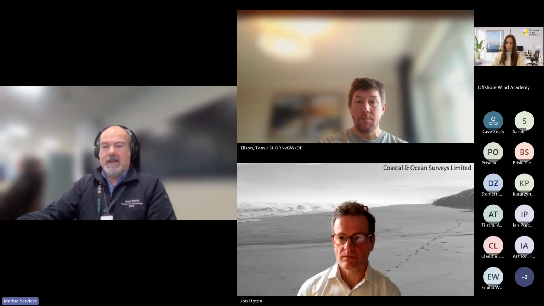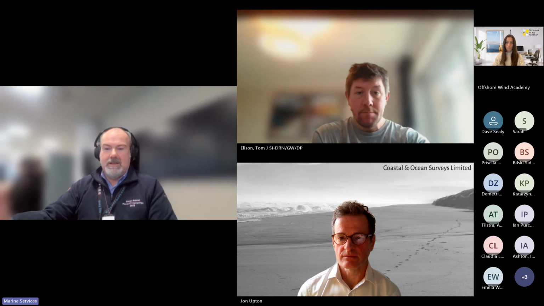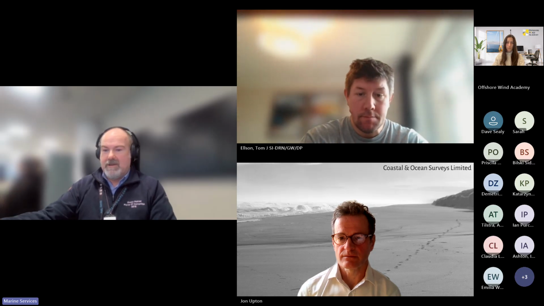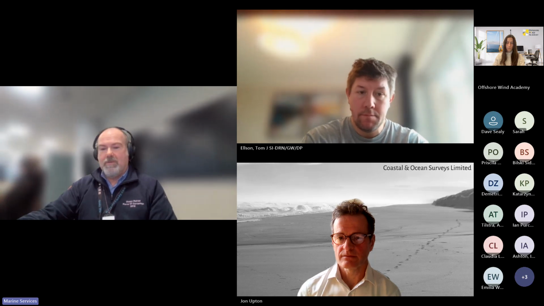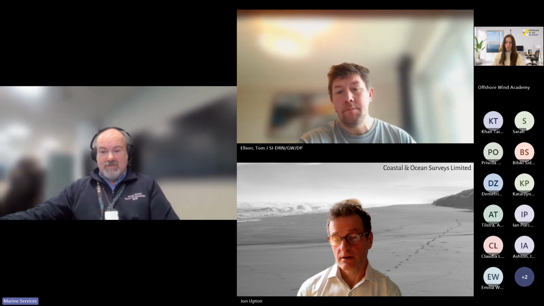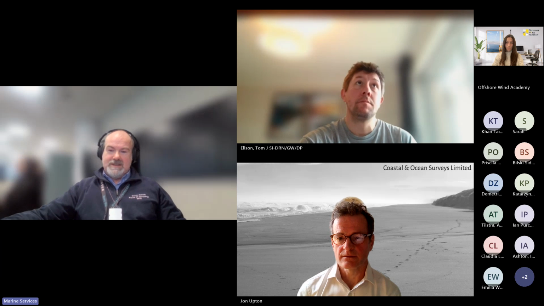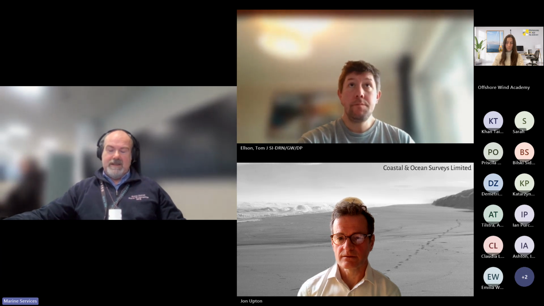The knock-on effect can be quite considerable when we've got a multi-million-pound rig move going or trying to go on. We've seen that plenty of times over the years, where we've had to stop for no actual good reason. We thought the weather was going to pick up, but it didn't, and it's down to an individual forecaster's interpretation of the data. So that's always something to watch out for, in my mind.